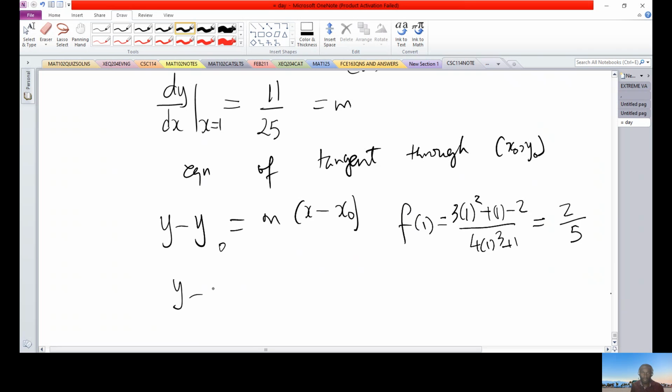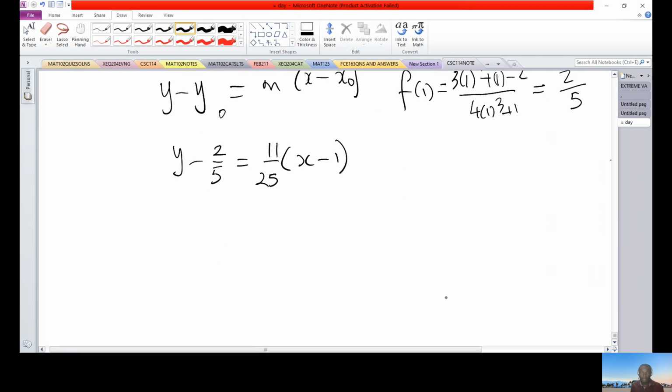So the equation will be y - 2/5 = 11/25 into (x - 1). So this will be y = 11/25 x - 11/25 + 2/5.